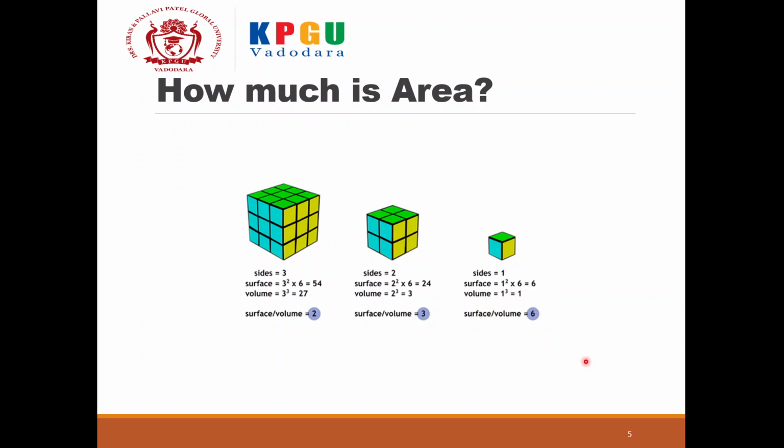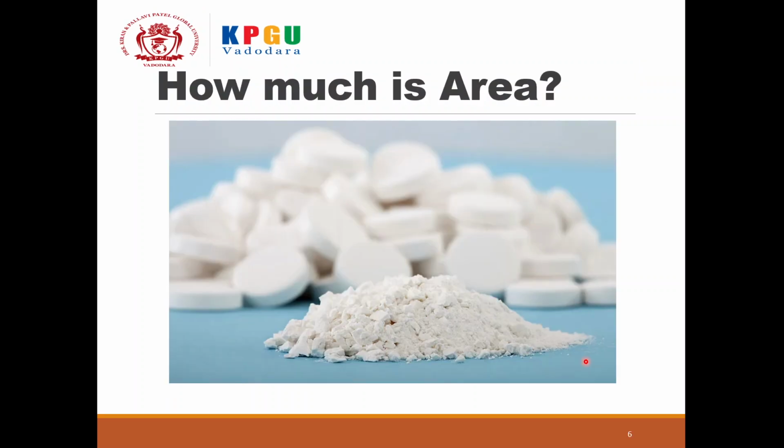Now those who may not be very interested in mathematics, let's understand with a simpler example. What is it? Tablets broken into powder form. You know, we Indians are proud of our Ayurveda. And what is so specific in Ayurveda? Most of the time you will observe they will give you churna to take with some liquid. What is the difference?